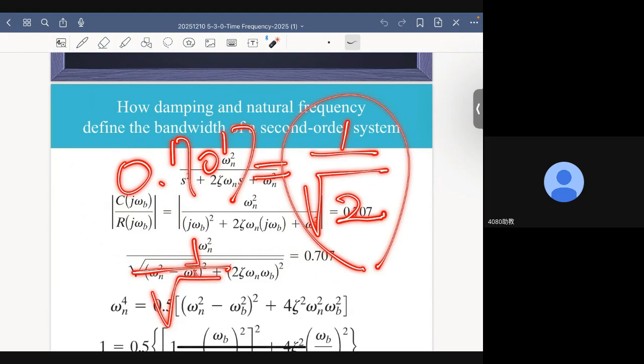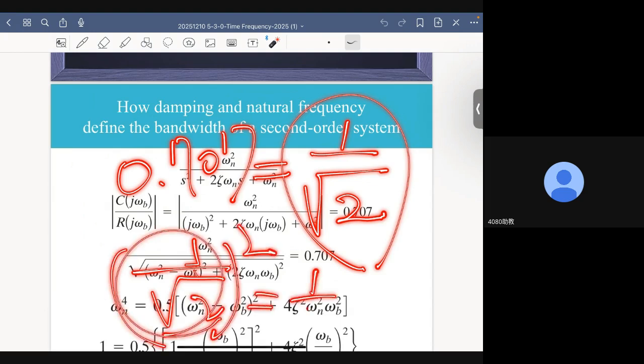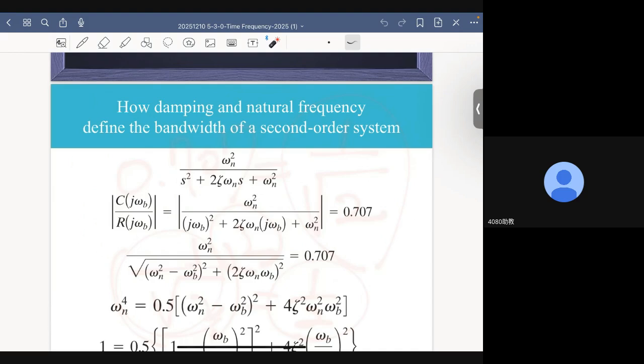Why 1 over square root of 2? Because if you take the square of this number, it gives you 1 over 2. Why do I take the square? Because the definition is actually based on the consideration of power. So this specification refers to the frequency at which the output signal only retains half of the power of the input signal.